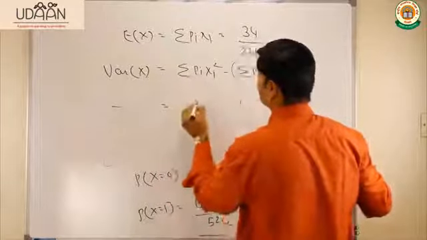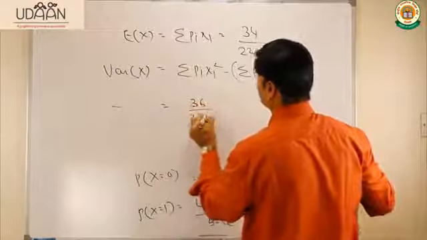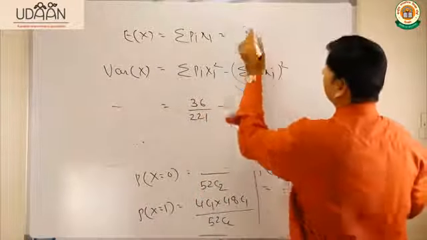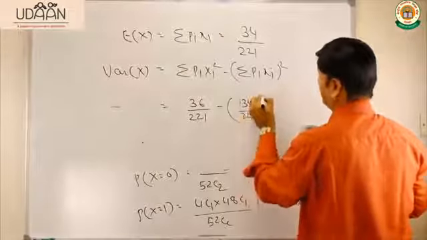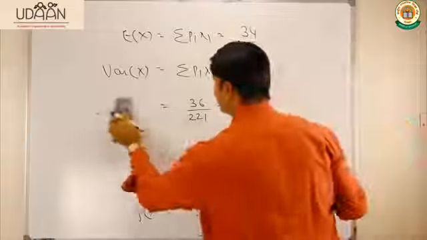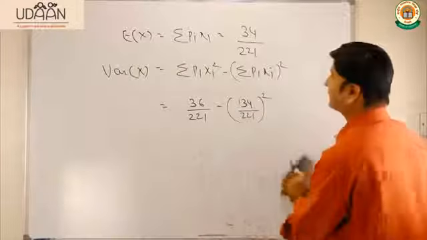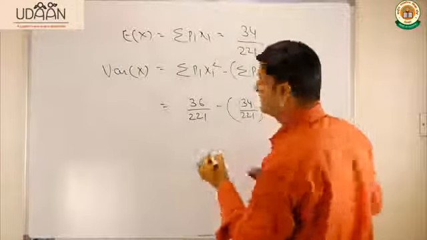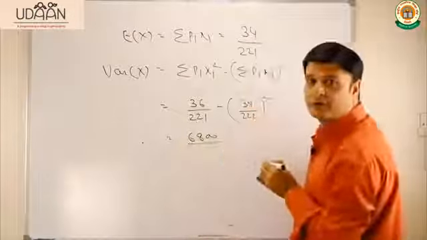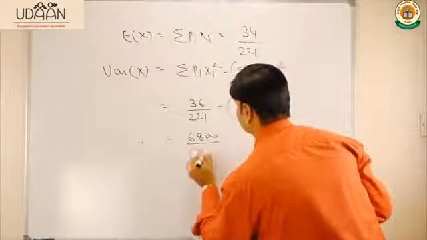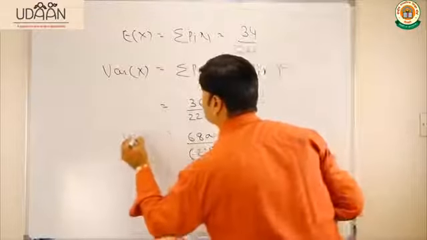This time you will get 36 upon 221, and sum of pi xi you just got is 34 upon 221. I am leaving this calculation part to you. I am just giving you answers so you can confirm it. After solving you will get 6800 upon 221 the whole square, and it is the value of your variance.